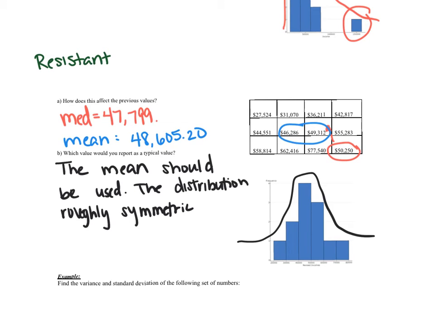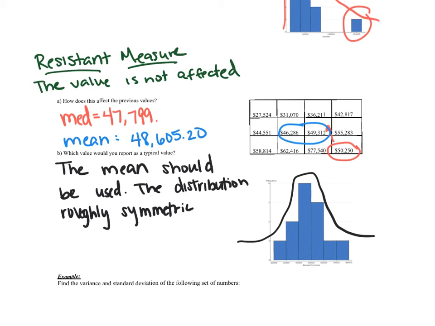In a resistant measure, something is resistant, it means it can handle change. By change, we mean outliers. So the value is not affected by outliers. Whether I have an outlier or I take an outlier away from the data set, it's not going to change. That's what a resistant measure says.